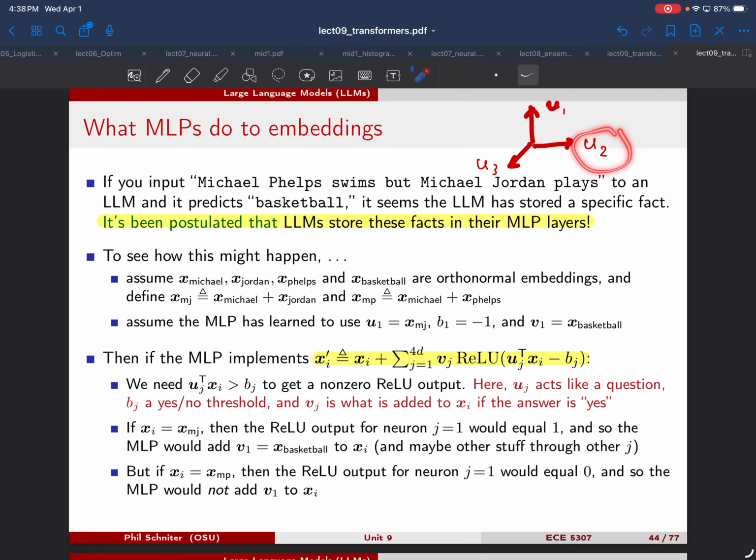Are you that person? Are you this thing? And so on. And if you think about it that way, then the number of different questions you could ask would be 4D, right? 4D different questions. But you're actually working only in a D-dimensional space. And so really to have these orthogonal, you could actually only have D different orthogonal questions and answers in this D-dimensional embedding space. And that's not very big.